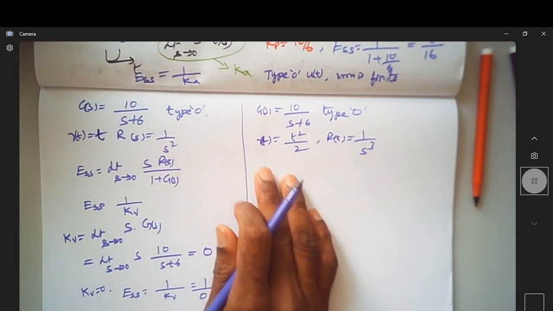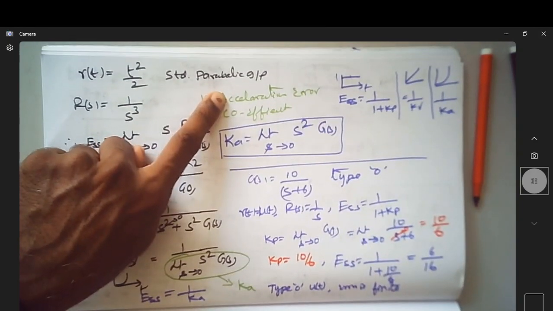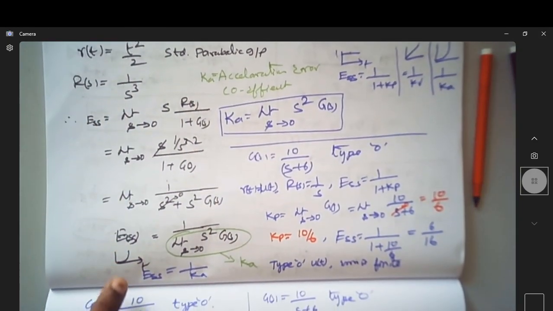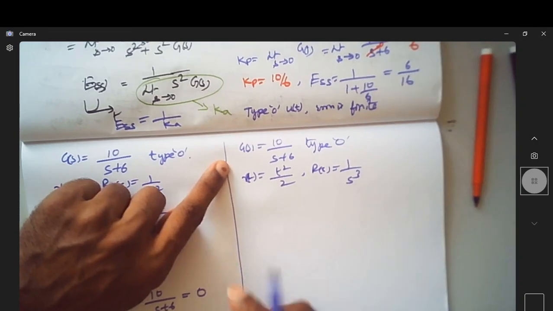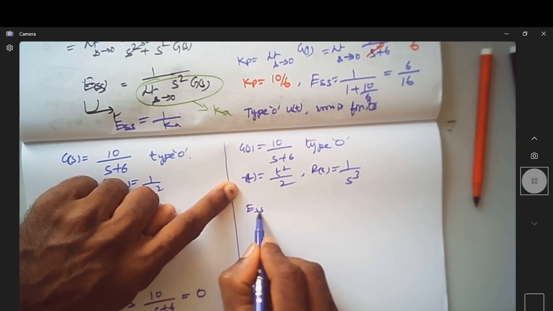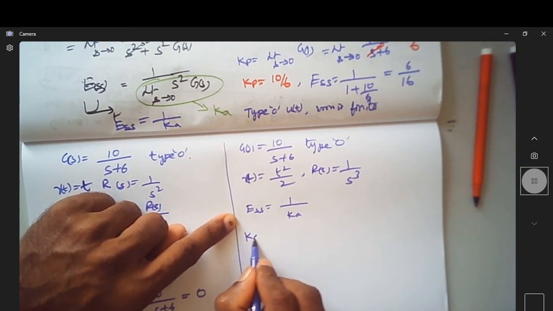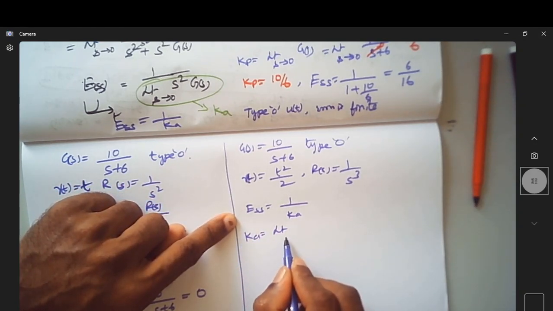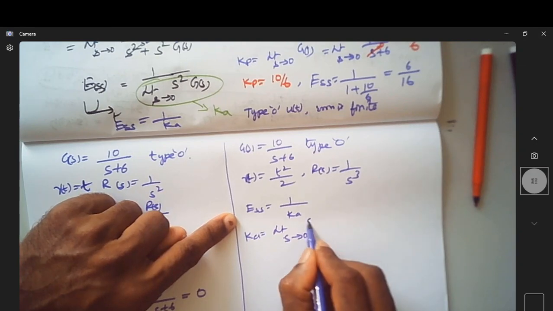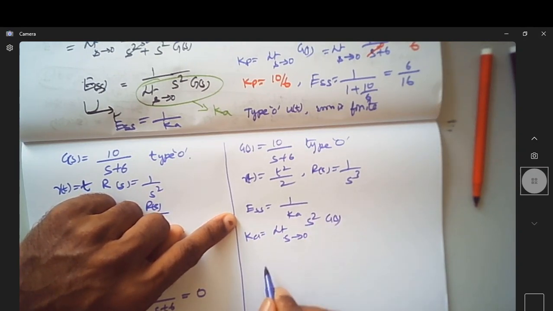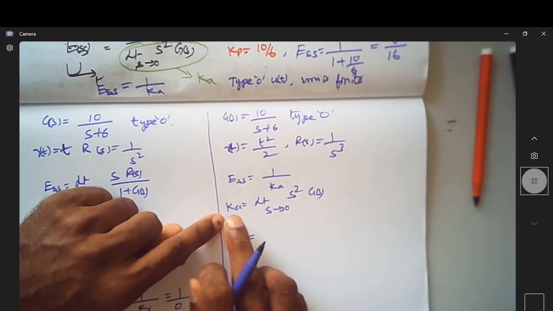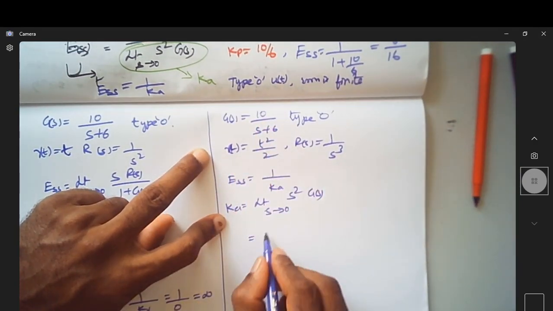So we know that if it is a standard parabolic input, the ESS is 1 over KA. But KA is nothing but limit of s tending to 0, s square into GFS.